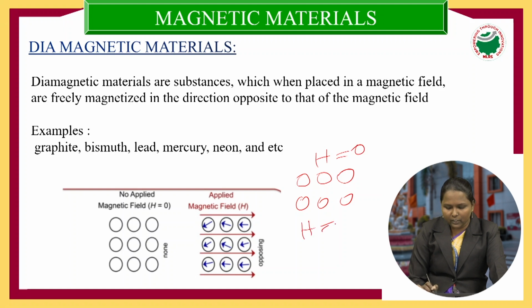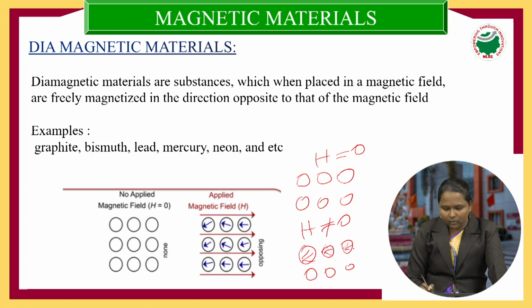After applying the external field, H not equal to 0, a magnetic field is created inside the material. Because of the external field, dipoles are produced, but in the opposite direction. The dipoles are created in this direction while we apply the field in this direction. So these dipoles are anti-parallel, and because of this the dipoles are repelled by the external field.